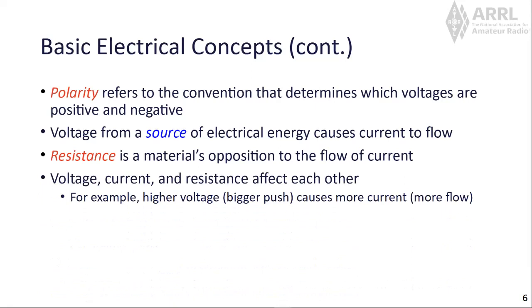Voltage, current, and resistance affect each other. They're all tied together. For example, higher voltage, bigger push, more pressure, however you want to refer to it, but the proper electrical term is higher voltage, causes more current to flow if the resistance stays the same. Okay?